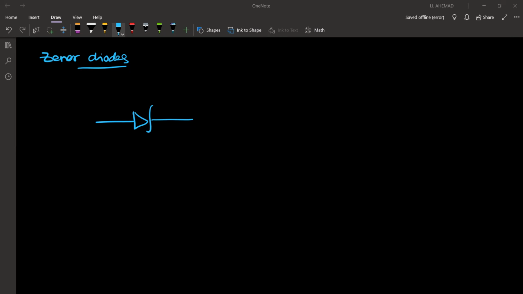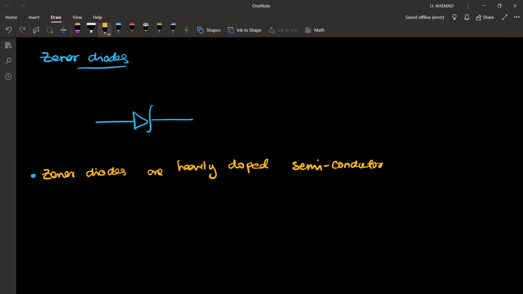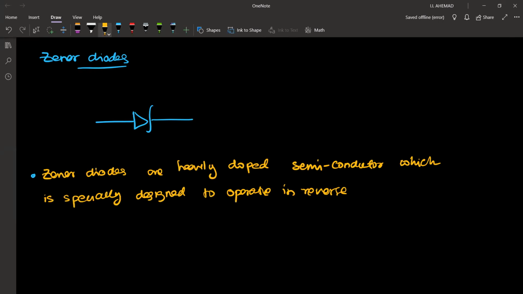So on the Zener diodes, write down: Zener diodes are heavily doped semiconductors which are specially designed to operate in reverse bias condition.